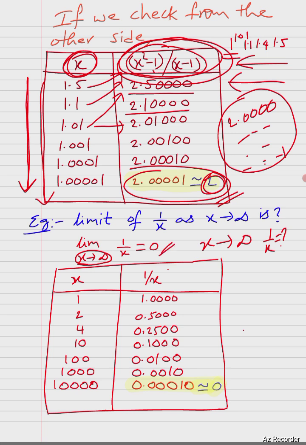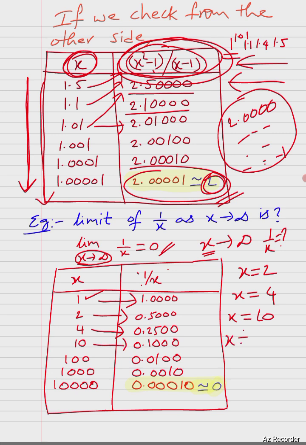Okay, now take x value very small, like 1. So 1 by x is 1 by 1, which is 1. Now take x value 2, so you will get 1 by 2 as 0.5. Now take x value 4, it will be 0.25. Now take x value 10, now 1 by x is 0.1.